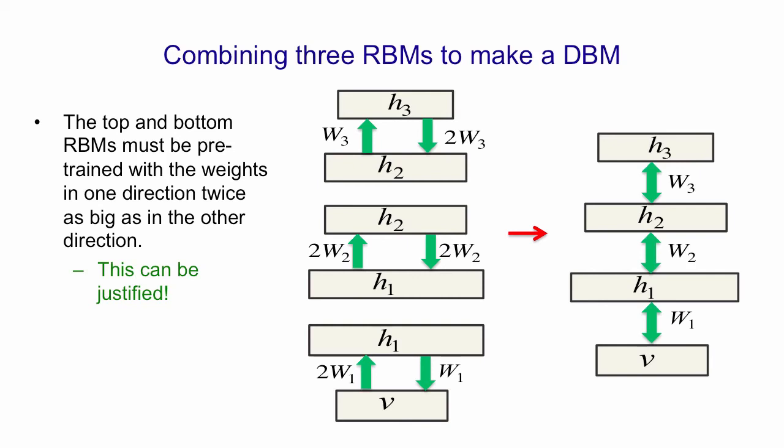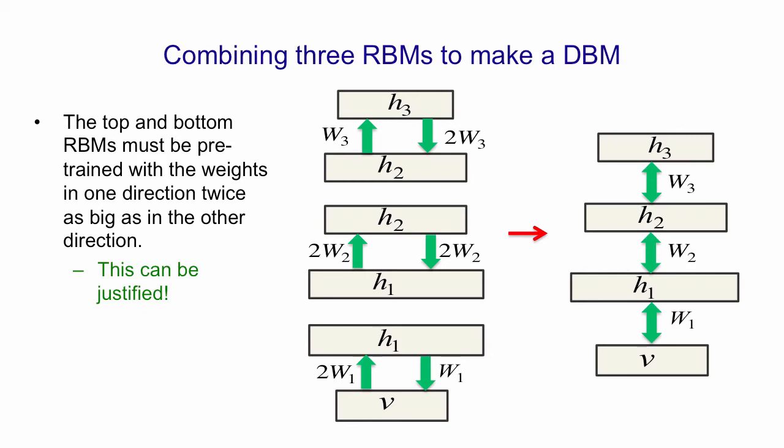When we combine these Boltzmann machines together, we're going to take an average of those two ways of inferring H1. And to take a geometric average, what we need to do is halve the weights. So we're going to use half of what the bottom-up model says, so that's half of 2W1, and we're going to use half of what the top-down model says, that's half of 2W2.